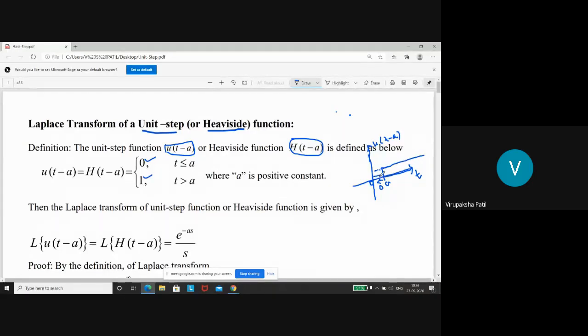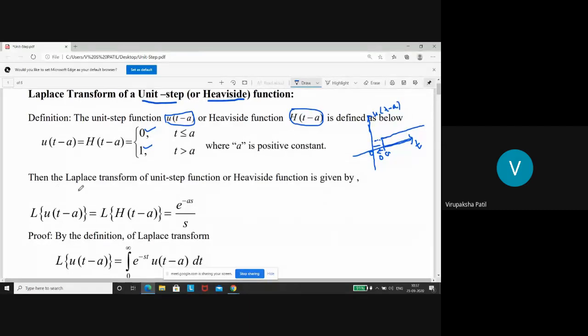So it is a step-like function, and because it jumps only 1 unit, it is called a unit step function. Is that clear?